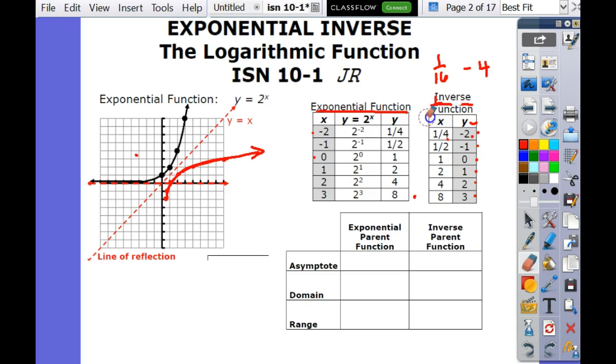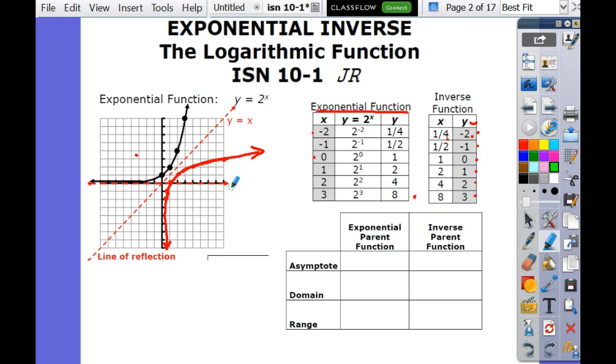And do you see that it would continue to get closer and closer to the axis because those fractions are getting smaller and smaller and smaller, but it's never going to touch the axis. What do we call that if it is getting closer and closer and closer, but it is never touching? That is an asymptote.